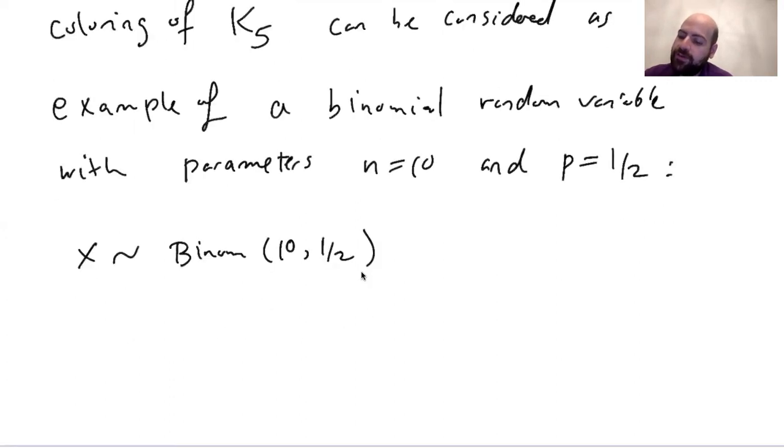And in the language of random variables, we found the probability for one edge. We asked what's the probability that exactly one edge is red, so the probability that X is equal to 1.